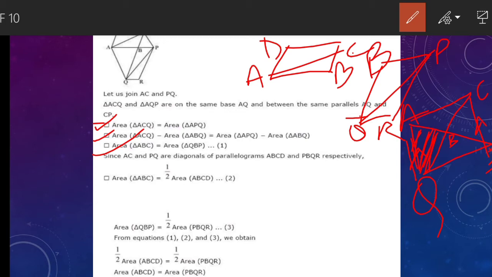So we can conclude that area ABC is equal to half of area ABCD, and also area QPB is equal to half of area PBQR. So from these three equations 1, 2 and 3, we will get half of area ABCD is equal to half of area PBQR. We will cancel half and half, so we'll get area ABCD is equal to area PBQR. So this is proved.